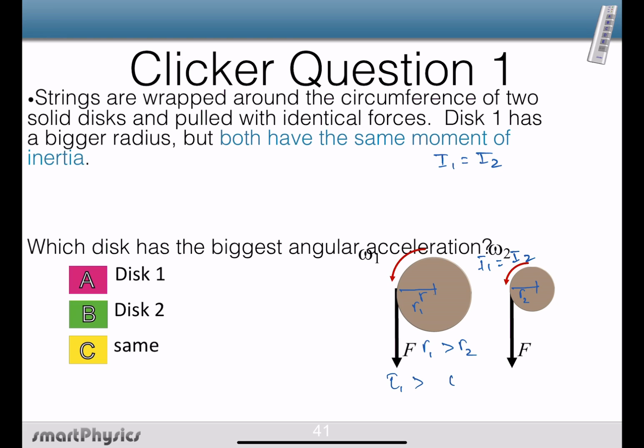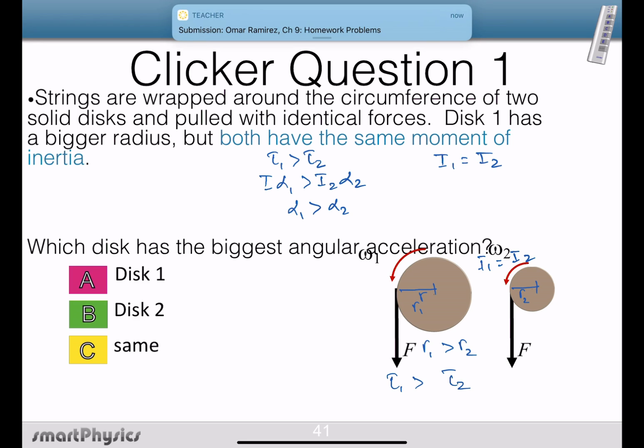Torque 1 is greater than torque 2 because this one has a greater radius and the force is the same. So I times alpha 1 is greater than I2 alpha 2. Since I1 and I2 are the same, alpha 1 is greater than alpha 2.